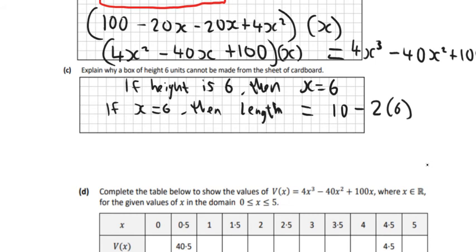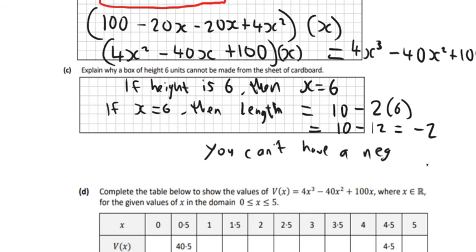That's going to be 10 minus 12, which is equal to minus 2. So the length would be minus 2, but that's impossible because you can't have a negative length. So that's why you can't have 6 as the height.